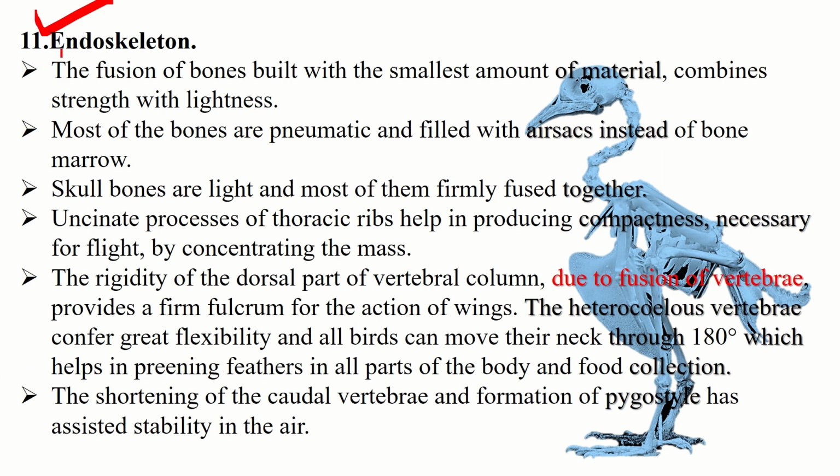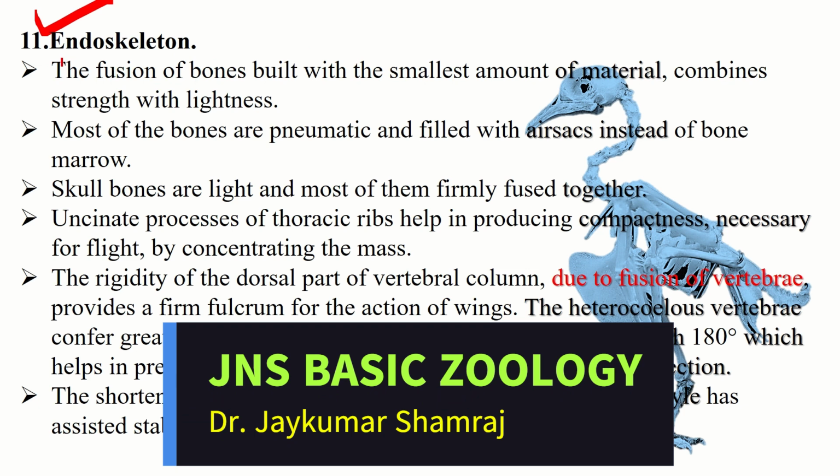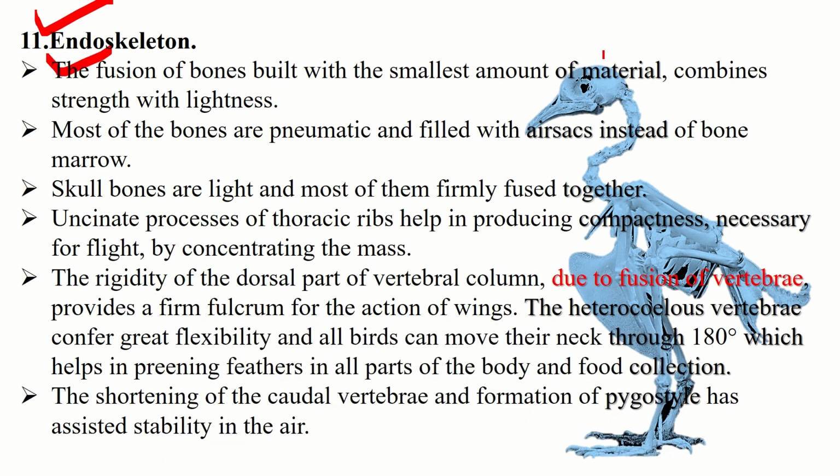The endoskeleton: the fusion of bones in birds, built with the smallest amount of material, combines strength with lightness.